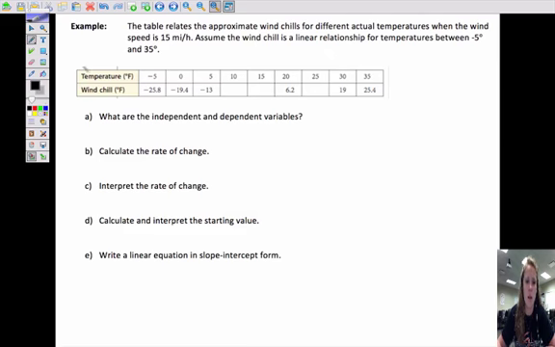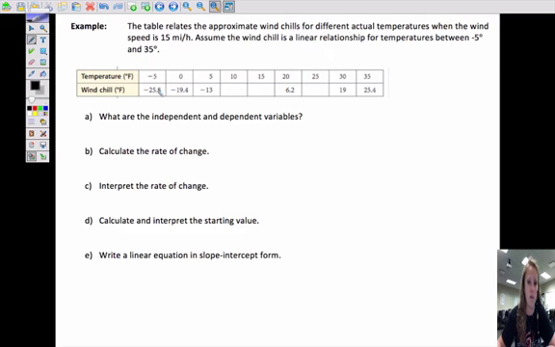The table here relates the approximate wind chills for different actual temperatures when the wind speed is 15 miles per hour. Assume the wind chill is a linear relationship for temperatures between -5 and 35 degrees. What we have here is the temperature and then the wind chill. Wind chill is how the temperature feels versus the actual temperature.